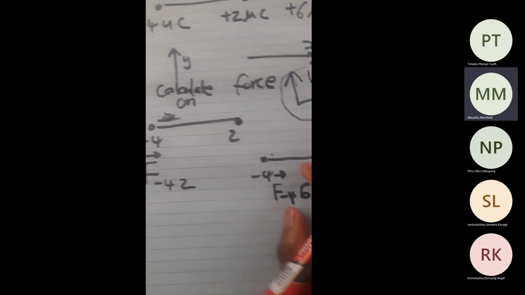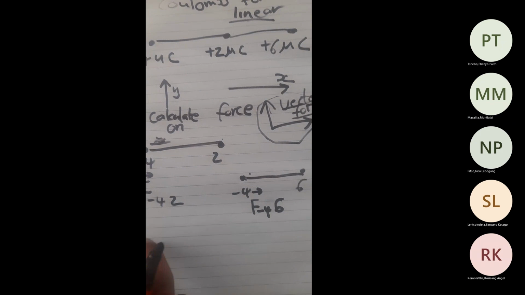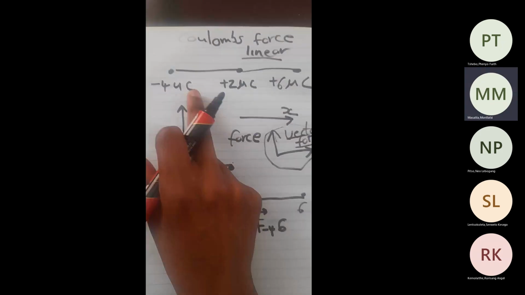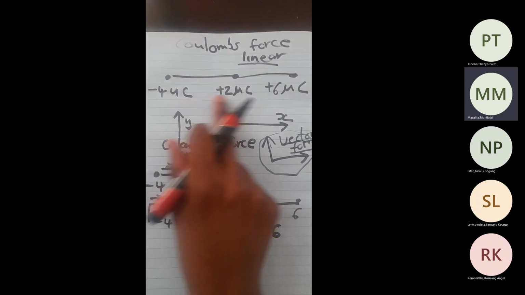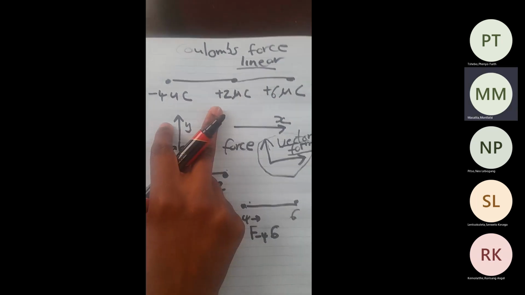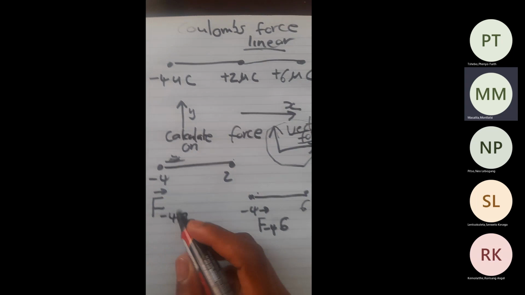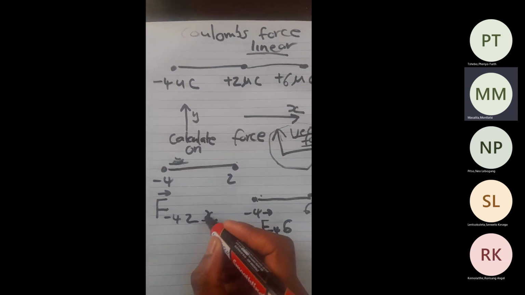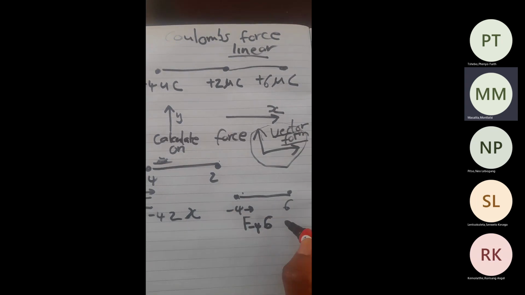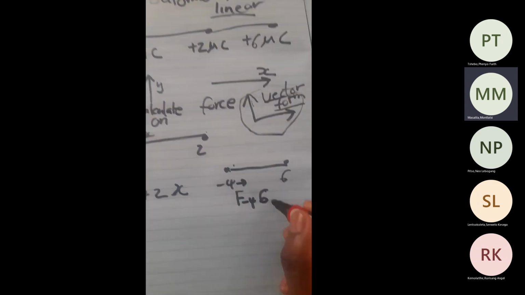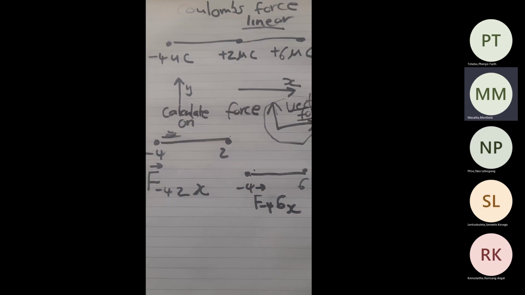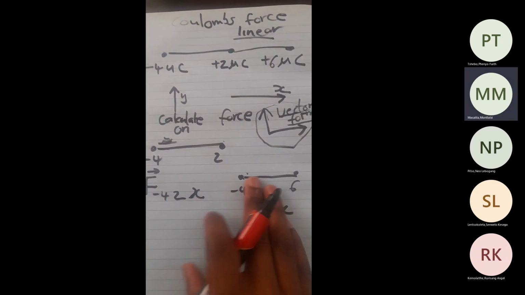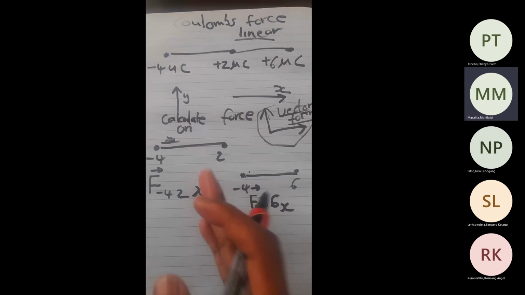Then your Coulomb's law, because here the Coulomb's law is linear, it means you are going to add. It means x-axis, x-axis. We don't care about direction because you don't need to resolve.